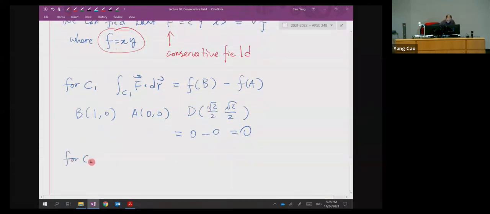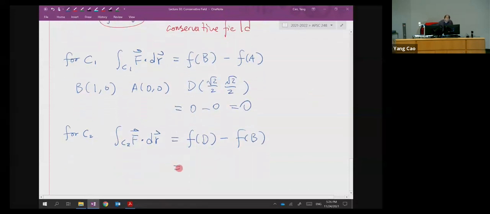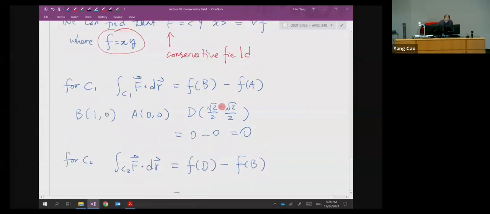And then for C2, we can do exactly the same thing. We integrate over C2 and we calculate the value of the function, small f, from B to D. So you use the value of f at D minus the value of f at B. At D, your coordinates are √2 over 2, √2 over 2.